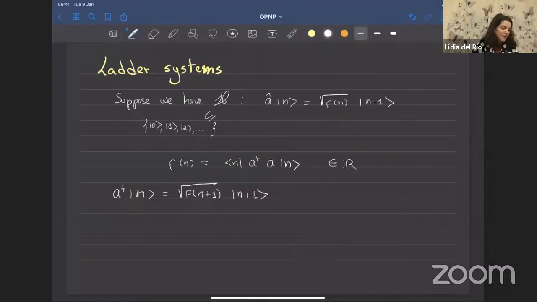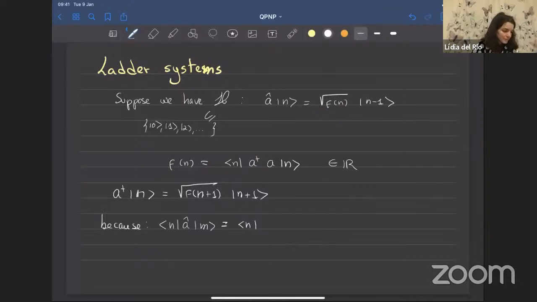Good. Why is this true? Well, because if I take an A, m, this inner product, so what is this? We have n.